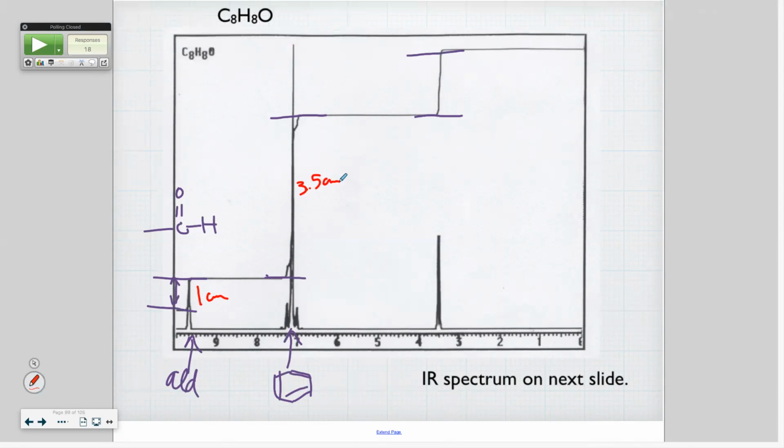And 1.4. Are you sure this one is 1? Yes. It could be printed that way.